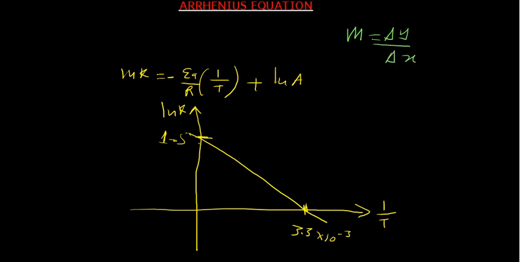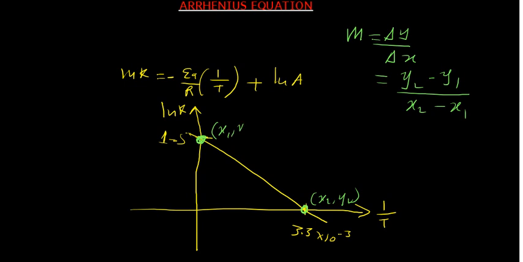If we consider this point and this point, change in y is the final y value minus the initial y value, divided by the final x value minus the initial x value. So this is the final, x2 comma y2, and this is the initial, x1 comma y1.